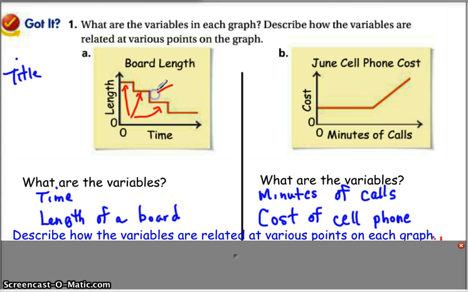So what do you think these step-looking sharp decreases are? Well, it looks like a saw is cutting the board at that particular time. And at that exact moment, the board length abruptly goes down to this level. So it's constant until the next cut.